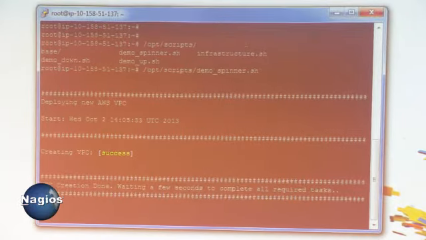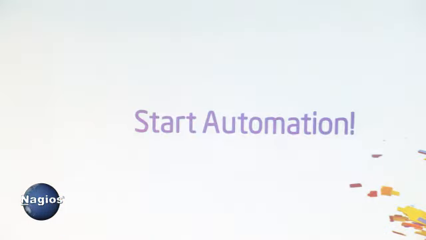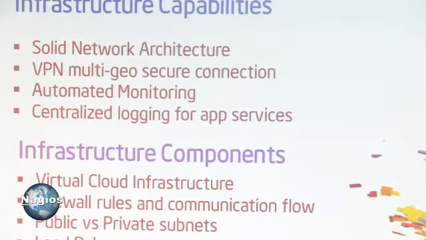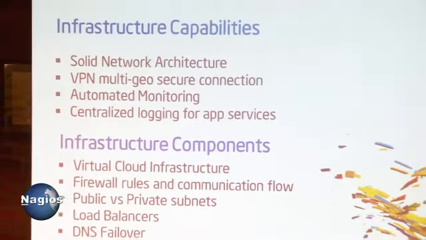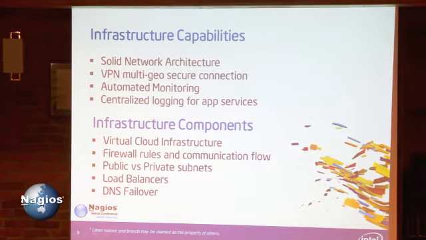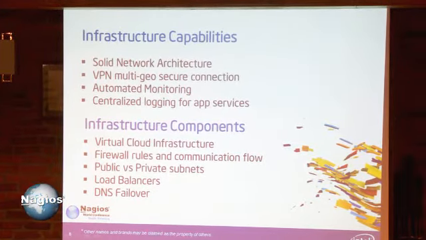Let me go back to the presentation. The infrastructure capabilities are basically a solid network architecture, VPN multi-geo, secure connection with IPsec between those two places, automated monitoring, basically creating the whole Nagios with scripts, and centralized logging for application services.